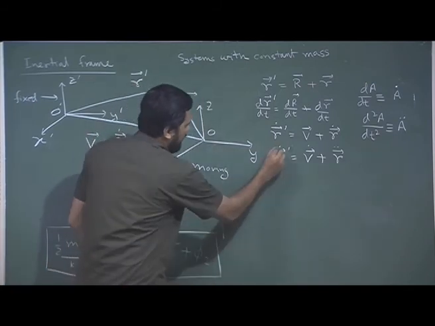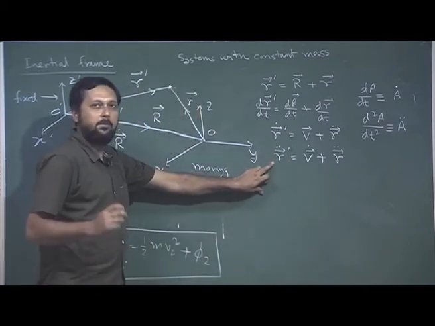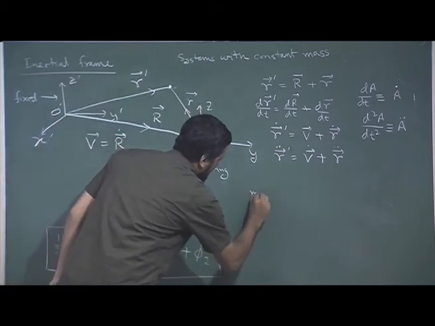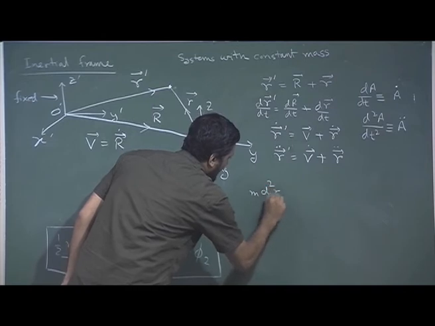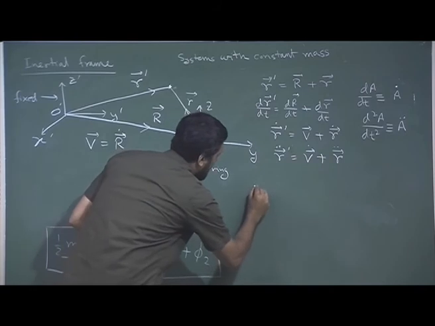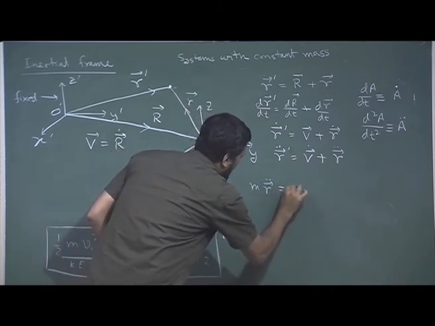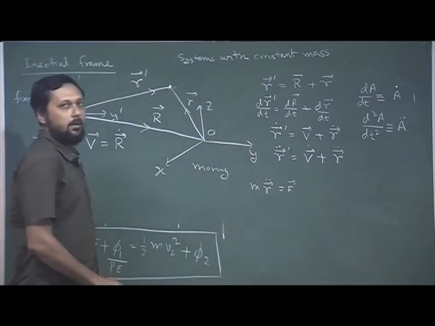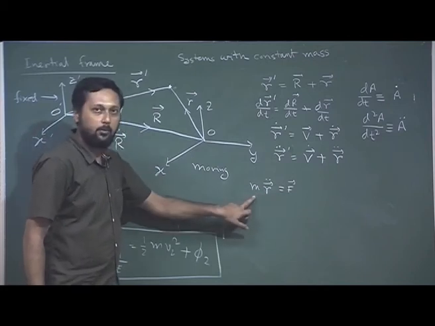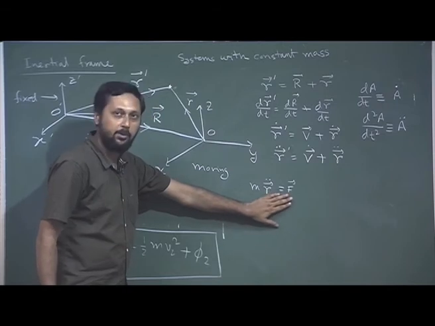Now, this equation, if we just remember the fundamental form of the Newtonian equation, which is m r double dot is equal to F. Okay. Now, if we recall, this is the fundamental force equation of Newtonian mechanics.